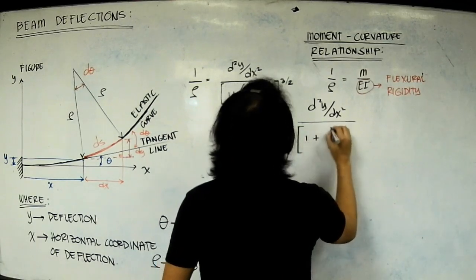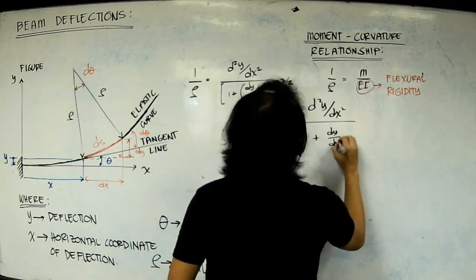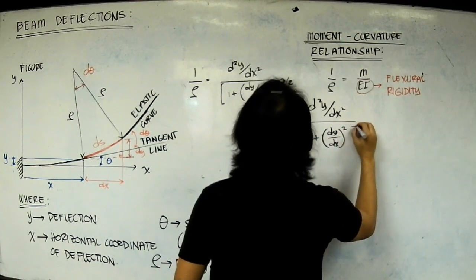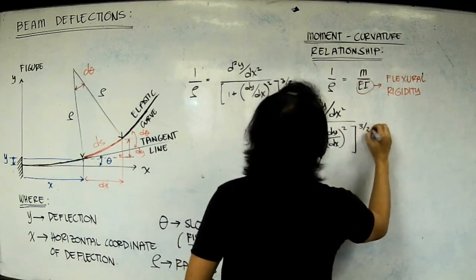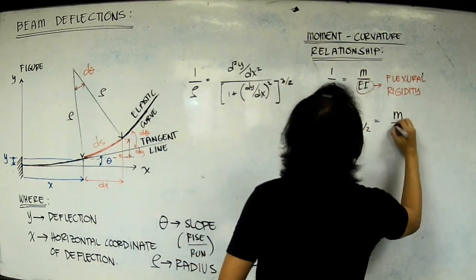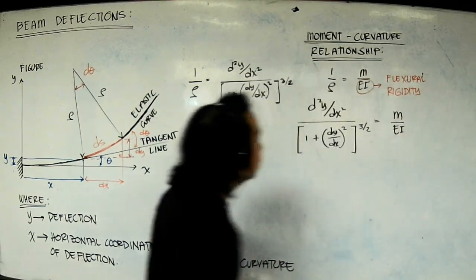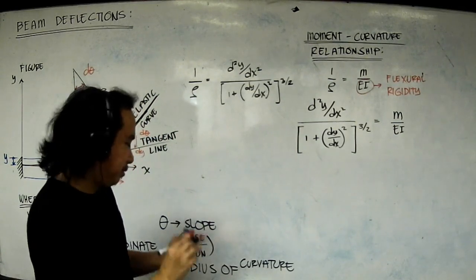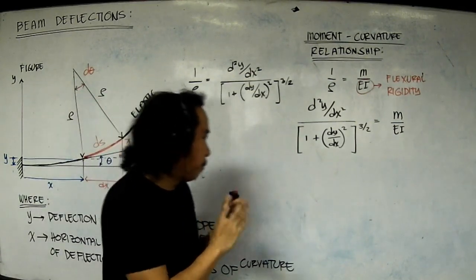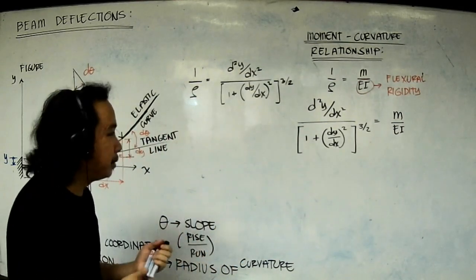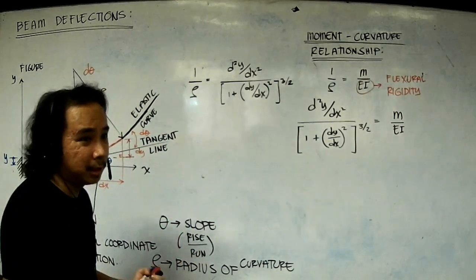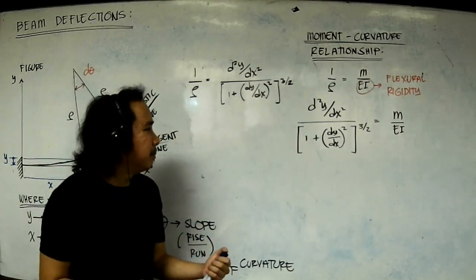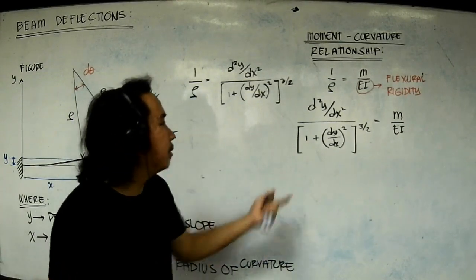One plus... okay. So we have this kind of expression again. Now, what are we dealing with in this kind of equation? We have differentials, derivatives. So, essentially this is a differential equation.